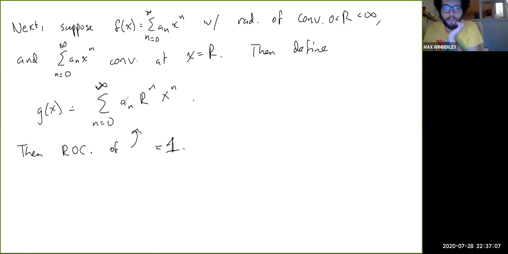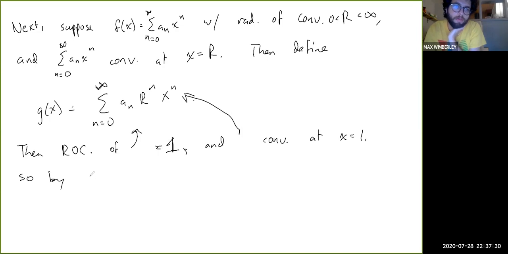So the radius of convergence of this is 1, and it converges. By it, I mean the same series here. This series converges at x equals 1.